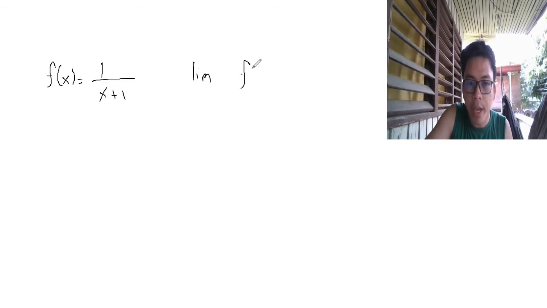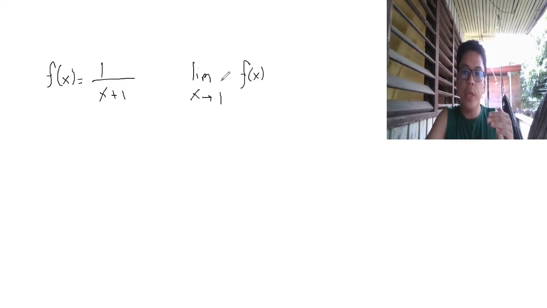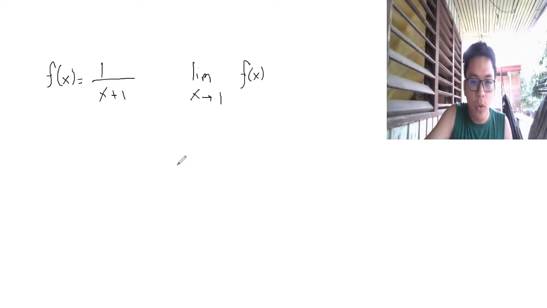Okay, so suppose for example we have f of x equals 1 over x plus 1, and we are interested in the limit of f of x as x approaches 1. What we have to do is take all the values greater than 1 and less than 1 but not equal to 1.